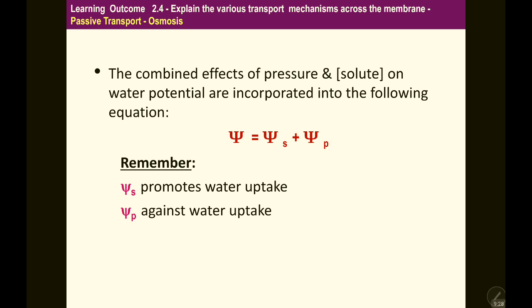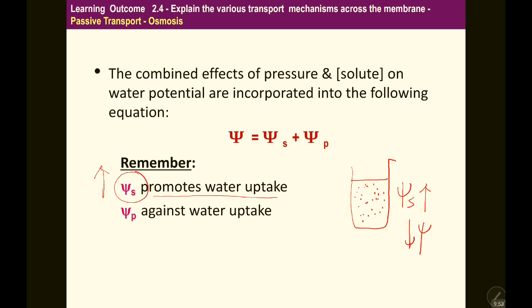Solute potential promotes the water uptake. What is the meaning of this? When the solute potential is higher, it means we have more solute inside the solution. More solute is a very concentrated solution. So a higher solute concentration means that they have lower water potential. There are fewer water molecules.